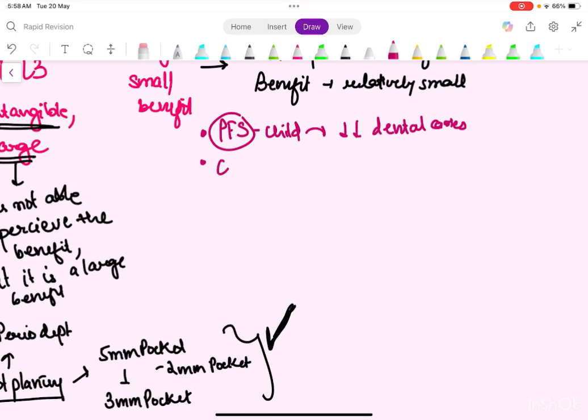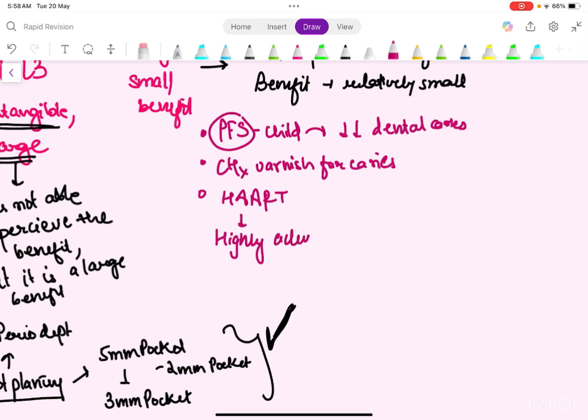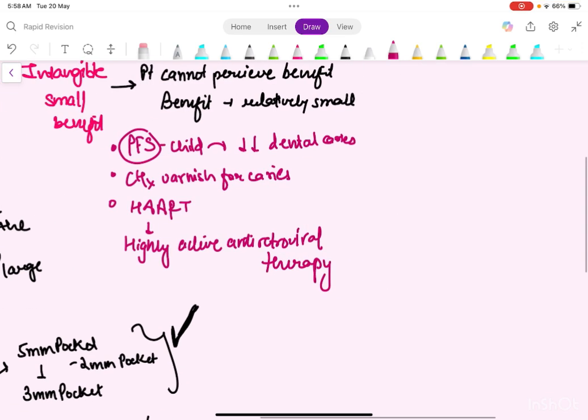Then if we prescribe him chlorhexidine varnish for caries, then highly active antiretroviral therapy. Alright, so just remember the table.